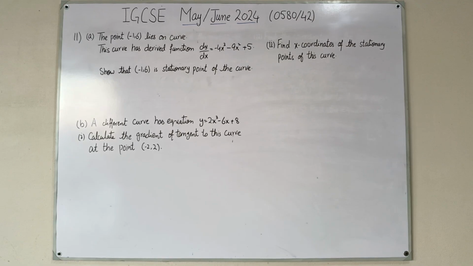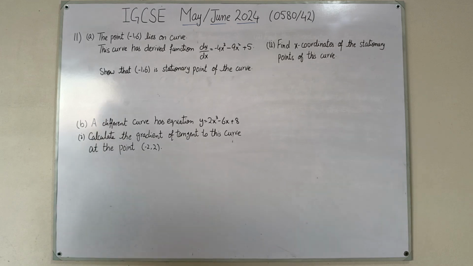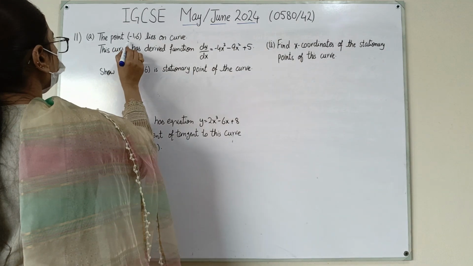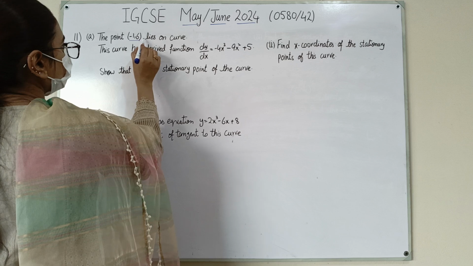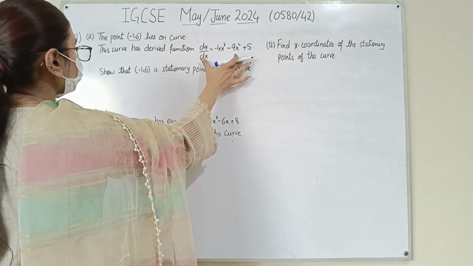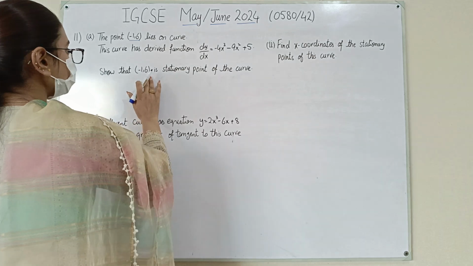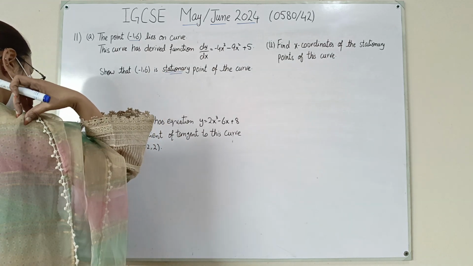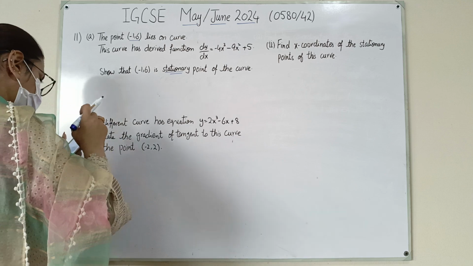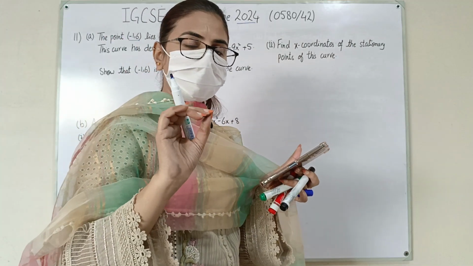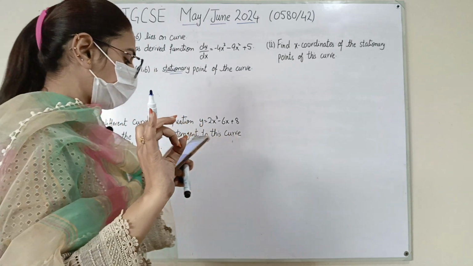In the next question, the examiner is asking you to find the stationary point. Justify that the point minus 1, 6 lies on a curve. This curve is derived from this function. Show that minus 1, 6 is a stationary point. First of all, keep in mind that a stationary point is the point where the first derivative is 0.